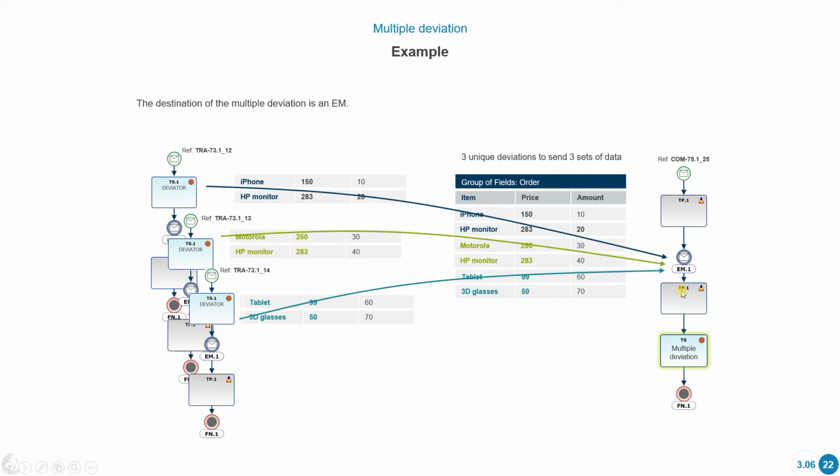So when I want to configure this multiple deviation to deviate the lines back to the source process, I don't need to indicate the exact reference of the EM because each line knows exactly what process it needs to go back to. So we saw that in a unique deviation, if we wanted to deviate to an EM, we needed to know the exact reference. But in a multiple deviation, this is not necessary because the lines internally already know where they came from.